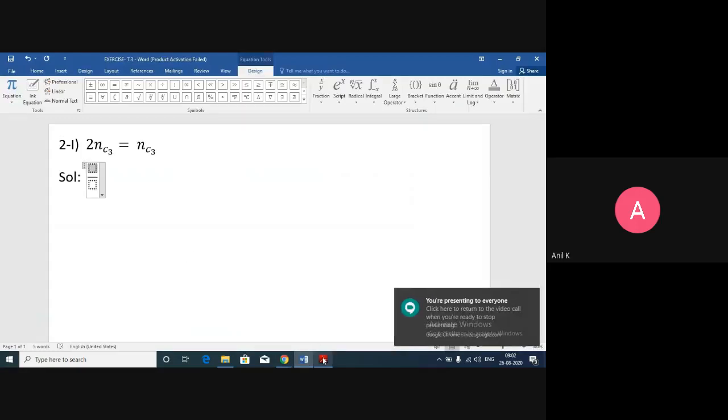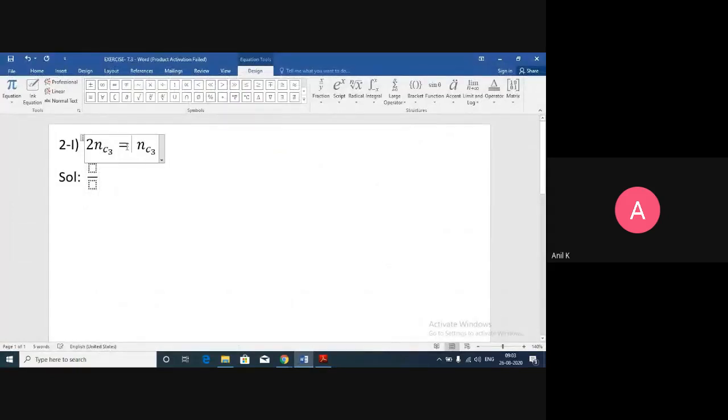That is the formula, 2nC3 upon nC3 equals 12 upon 1. So let me expand the formula of the numerator.